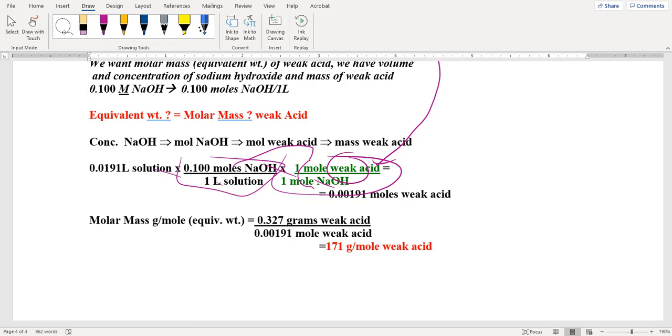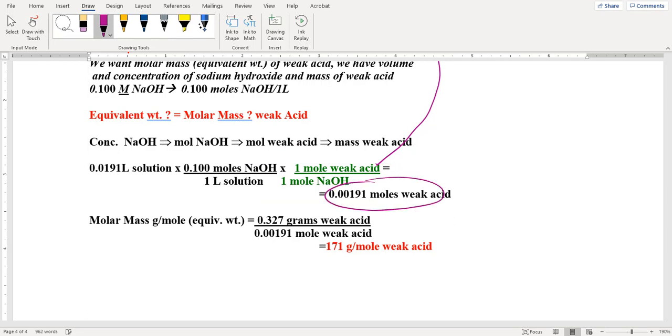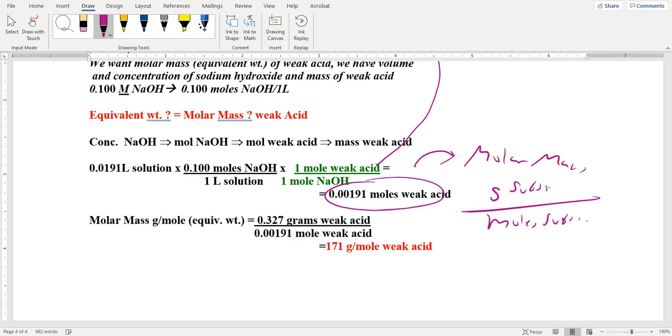Now that we have moles of the acid, let me get rid of some of this clutter. Now that we have moles of our acid, let's go through the definition of molar mass. Molar mass is grams of our substance divided by the moles of our substance. So if you were to look up oxygen, for example, and it says something like 15.99, that's actually 15.99 grams per 1 mole.